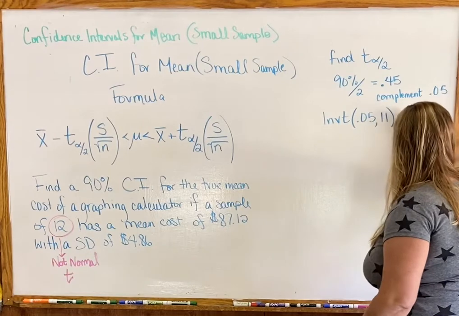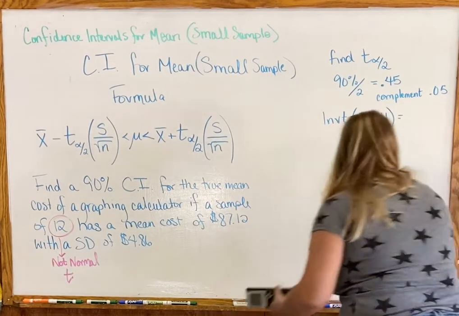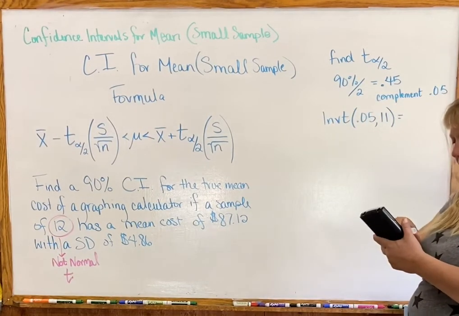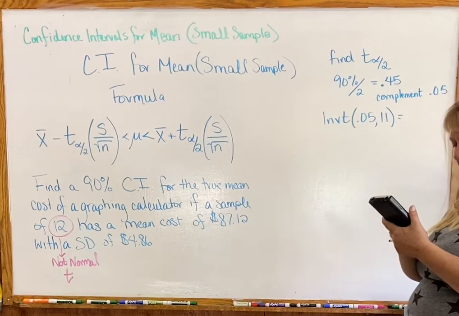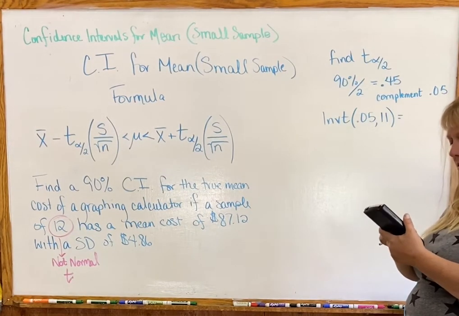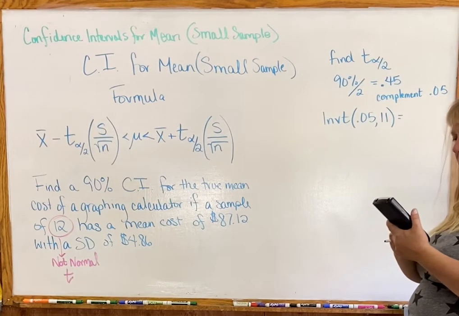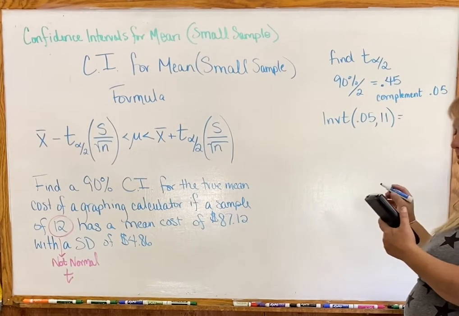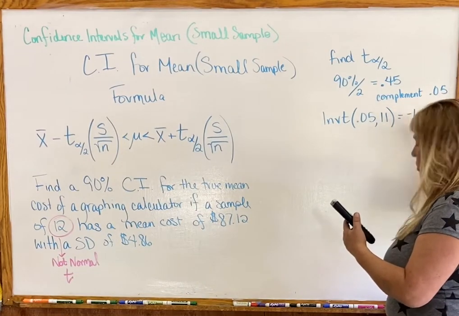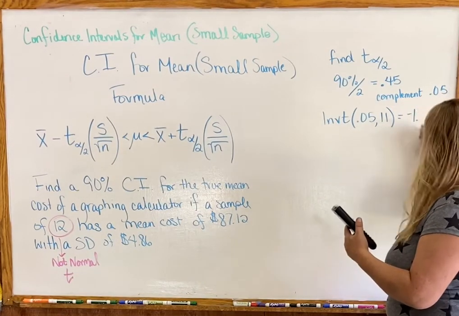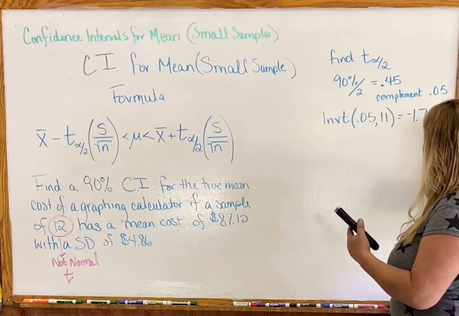Give this a go, and let's see what pops out of the calculator this time. Second distribution, inverse t, 0.05, 11. And I got negative 1.796.